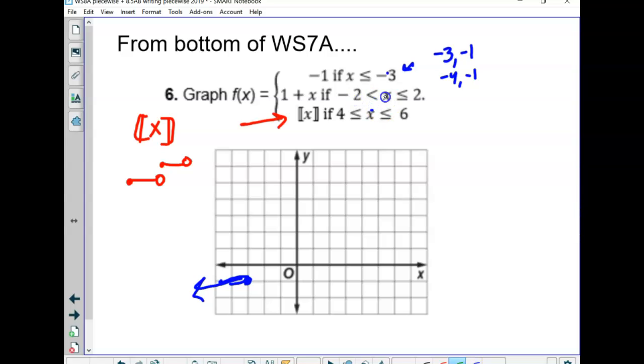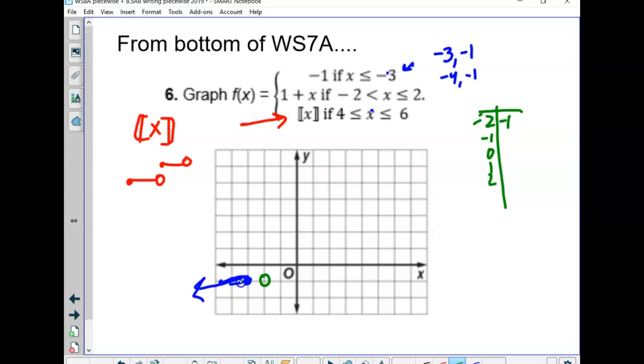The next one is from -2 to +2. If I wanted to do points, I could. What should it look like, though? What is x plus 1? It's a straight line, right? If I put in a -2, add 1, I get -1. So at -2, -1, what kind of circle?